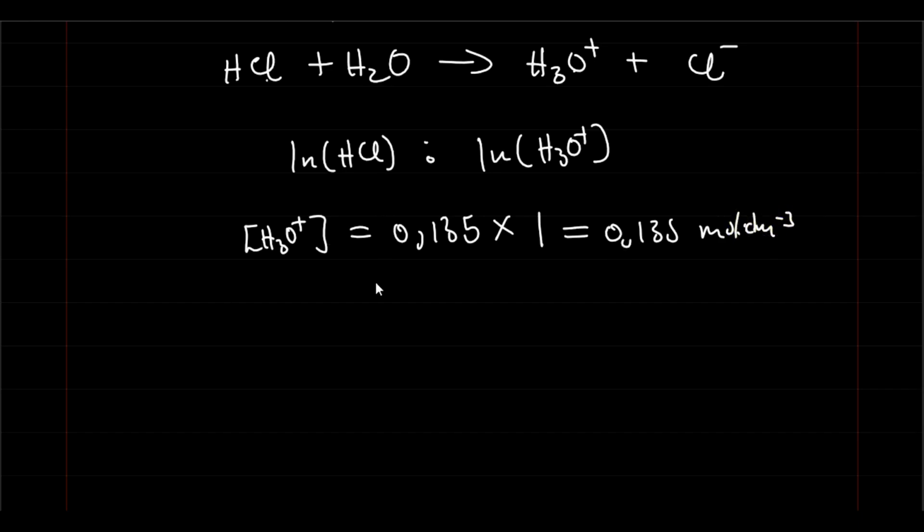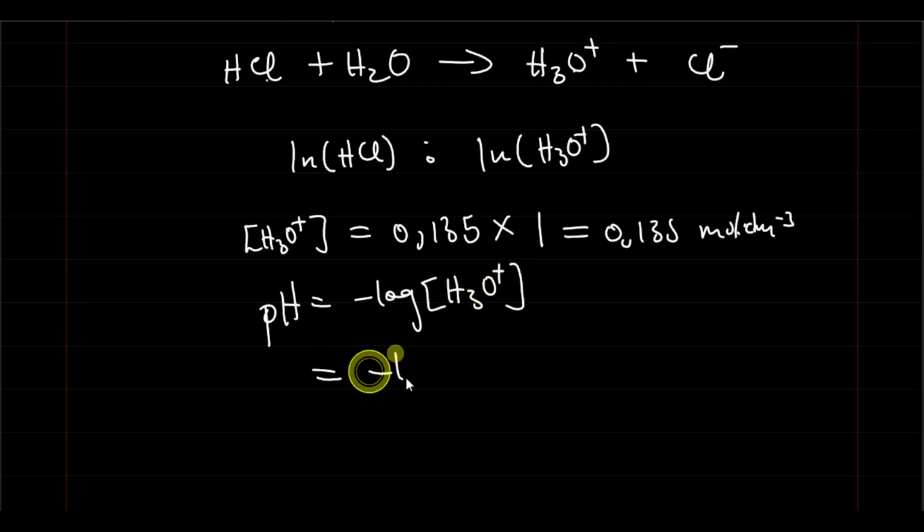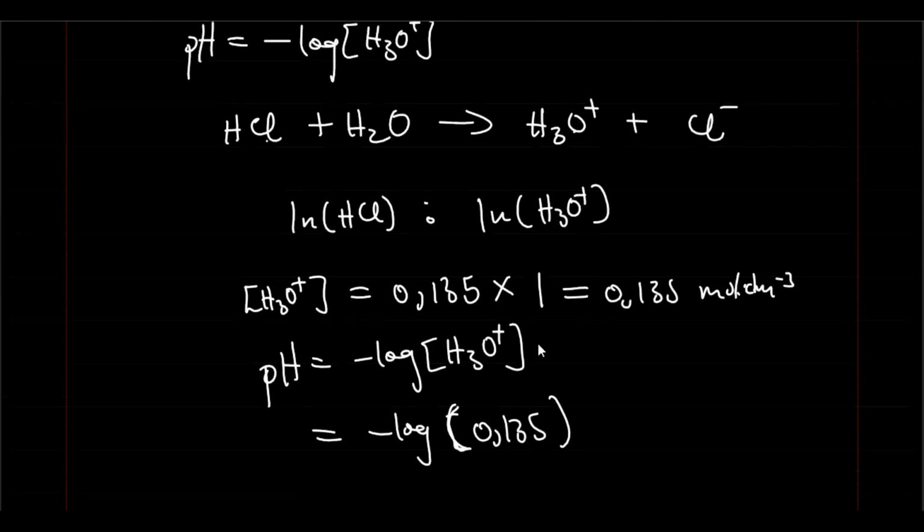Okay, so now I can take this information and substitute it into my beautiful formula. I am going to substitute it with pride, because now I know that what I'm substituting is the concentration of the hydronium ion, rather than the concentration of the HCl itself.